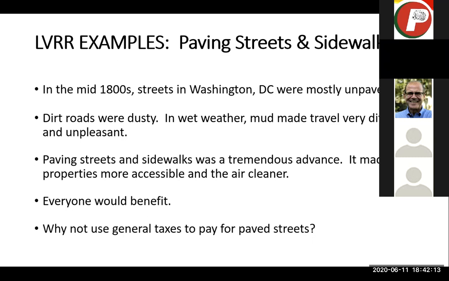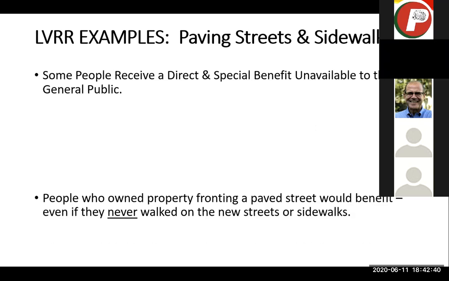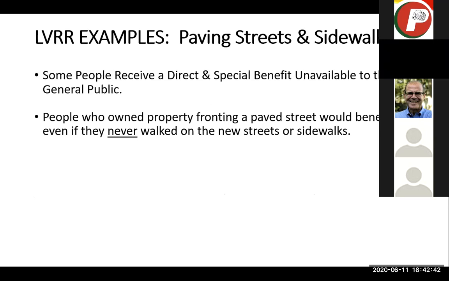Well, Congress of the United States, which is in control of the District of Columbia, decided in the 1800s that some people received direct and special benefits that were not available to the general public. So for example, somebody who lived in New York City or Philadelphia could own a property in Washington, D.C. And they might never walk on that newly paved street or sidewalk, and yet they would get a special benefit.